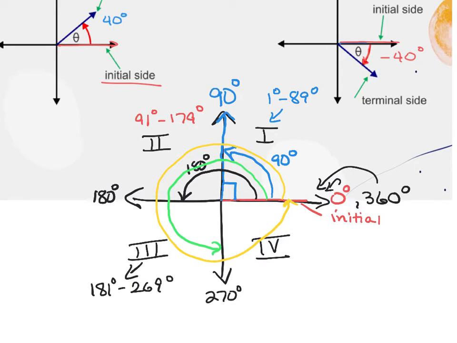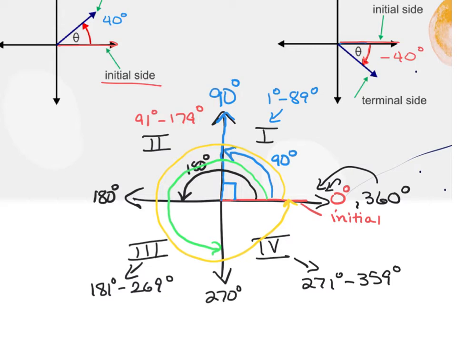And then the last quadrant, 4, would be from 271 to 359. Most of the time, I'm going to give you a restriction on where I want your answers. And I may say, give an angle measure between 0 and 360. If I don't specify, you could swirl around multiple times.